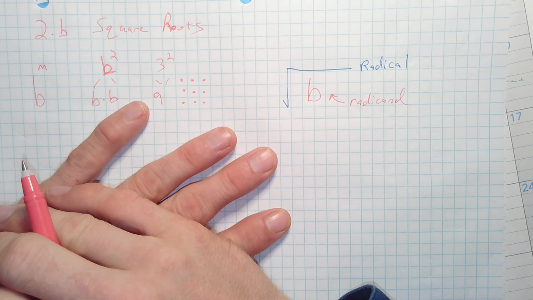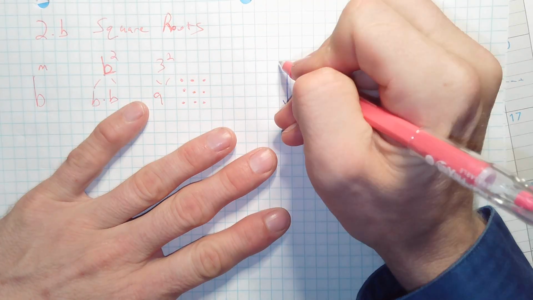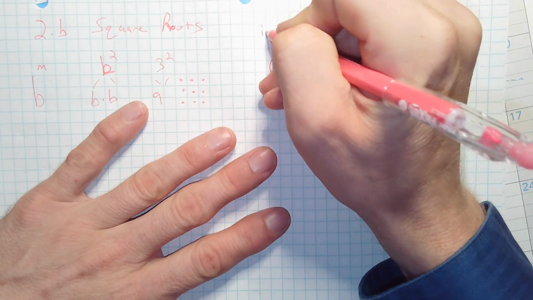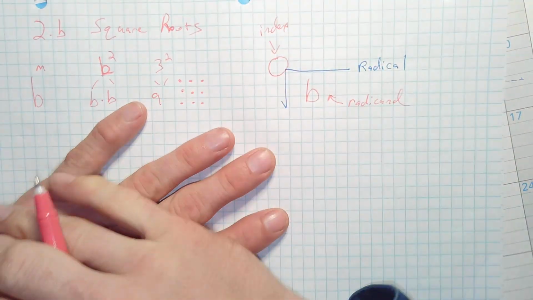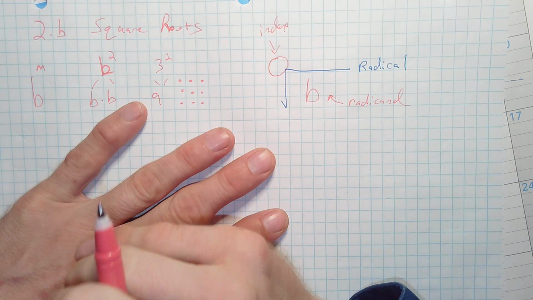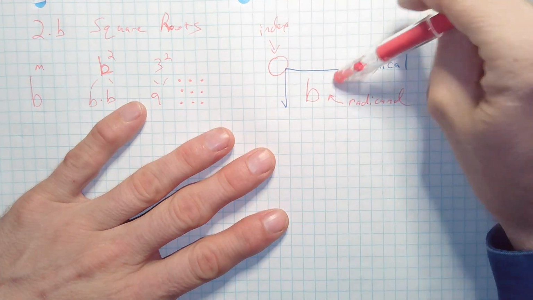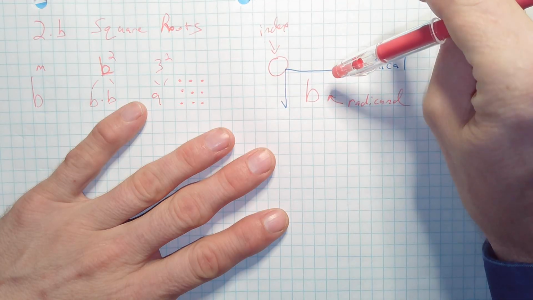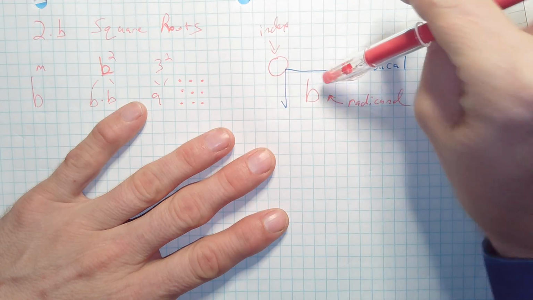All right, that's a pretty fancy name. And up here would go the index. Index. All right, so this can be a little confusing here. You're not going to have a square root of something unless something has already been squared.